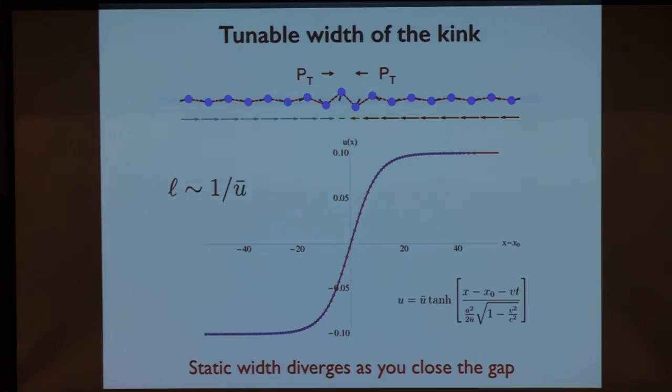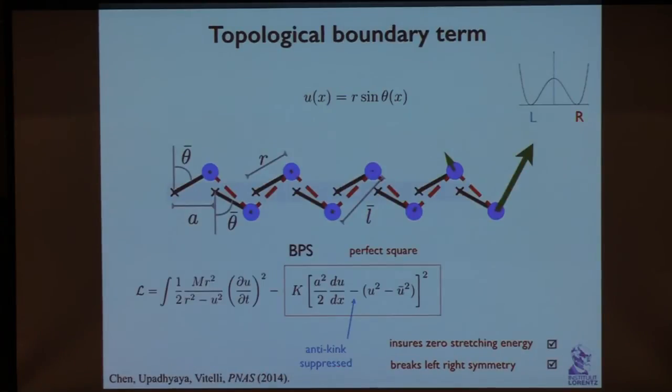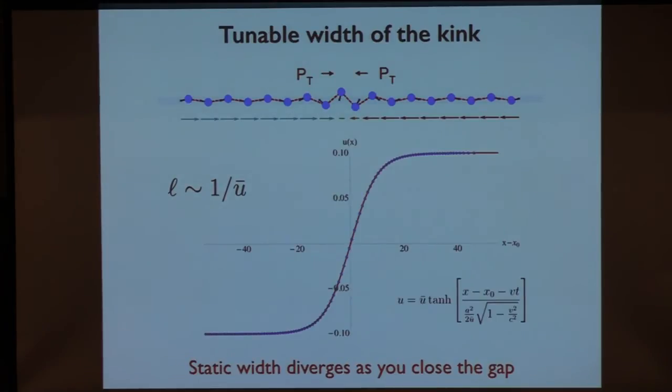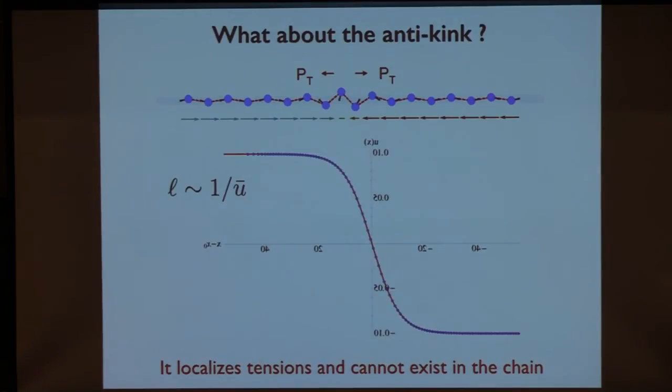Okay? Now, one question you may ask is, well, okay, what about the anti-kink? We said it doesn't exist, but why doesn't it exist? Well, intuitively, you can sort of see why. If instead of having this pointing in, I want them to point out, what I would have to do is take these rods that are now pointing in and make them go out.